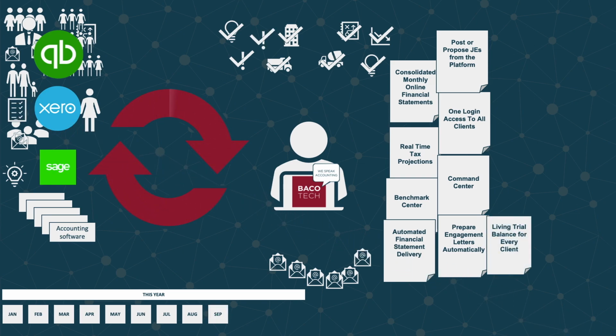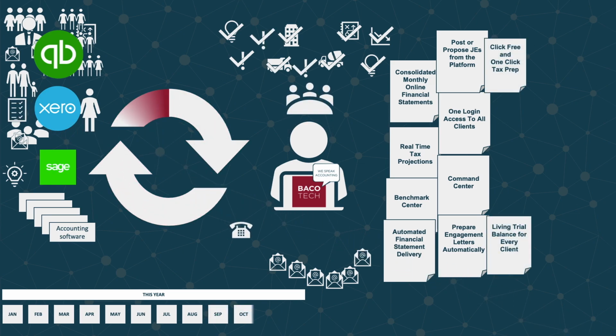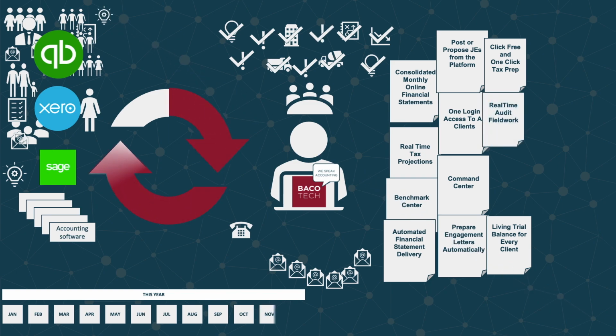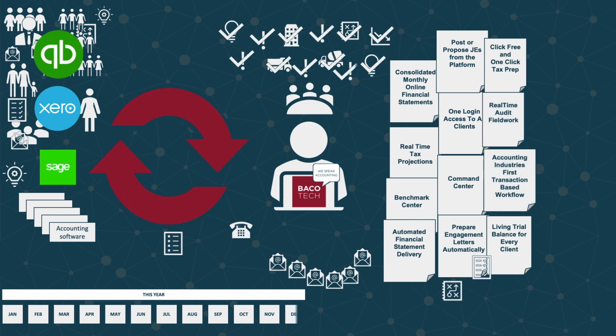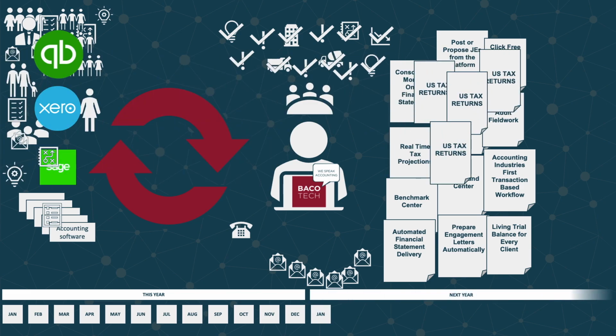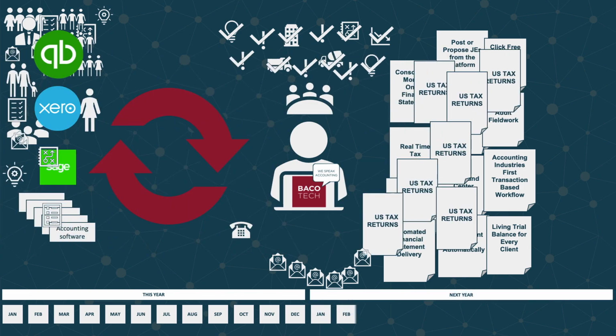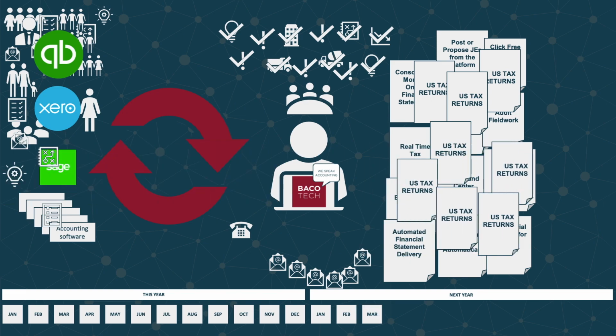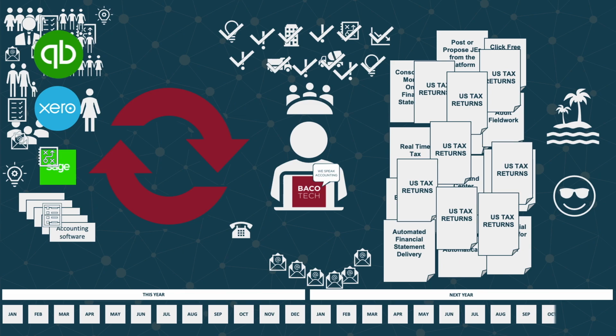We have a command center where we're receiving alerts and notifications, where we're able to push entries back to our clients' books and make changes real time for the tax return. And as the year rolls, we're actually ready to push tax returns out because we've been working on them throughout the year in a controlled format. And once the filing deadline passes, we're able to focus on next year, during next year, not this past year.